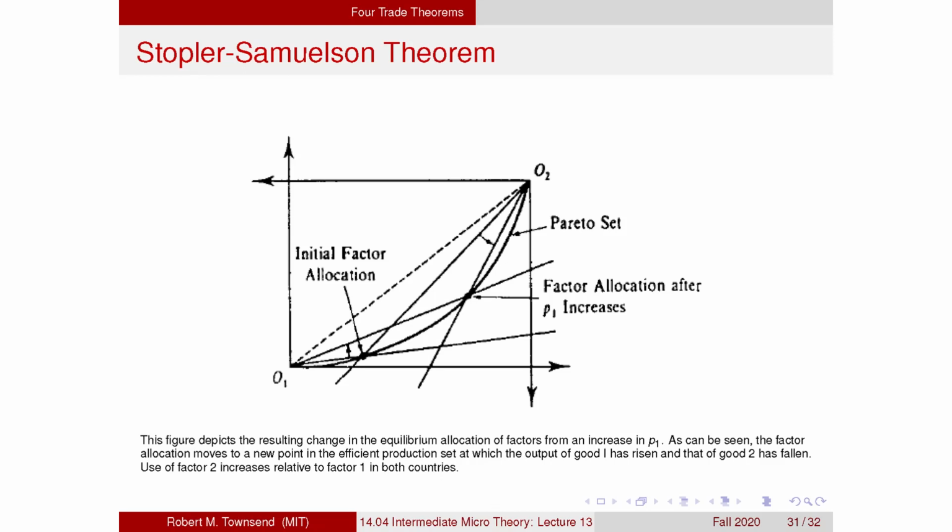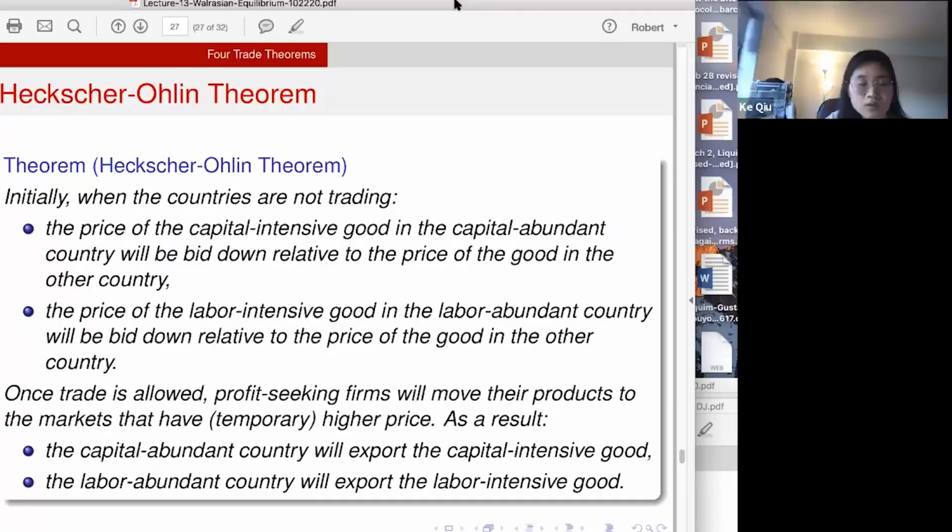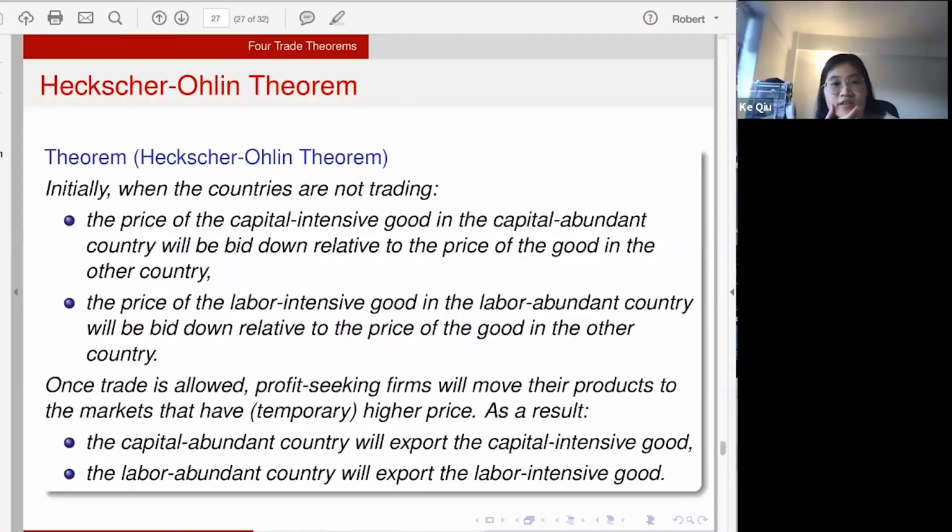Okay. Are there questions about this lecture? Here, the HO theorem says that in autarky, the price of the capital intensive good in the capital abundant country will be bid down. So here bid down means the relative price in this capital abundant country was lower than in the other country, right? Not the absolute prices.